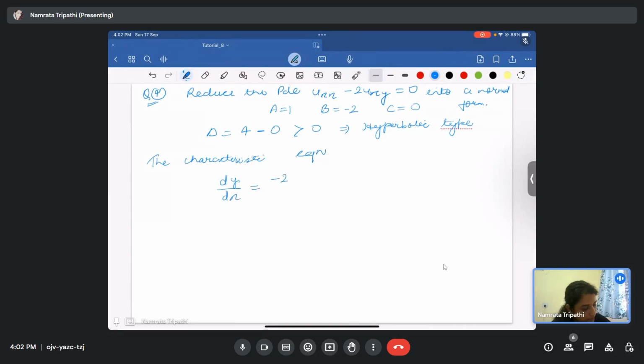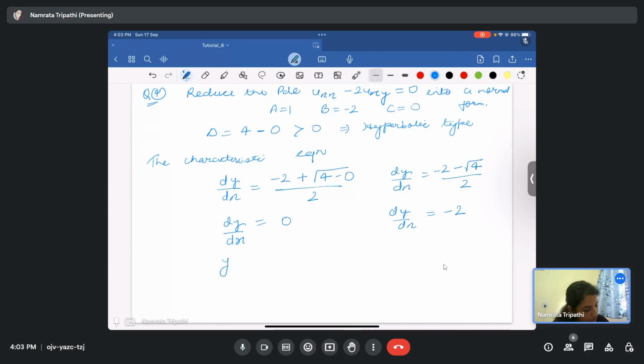B is -2 plus the square root of B square minus 4AC, and this is 0. So from here you will get dy/dx equals -2.